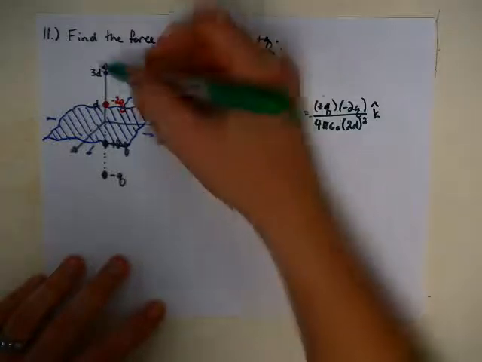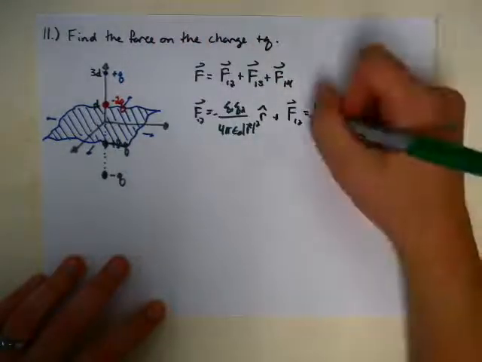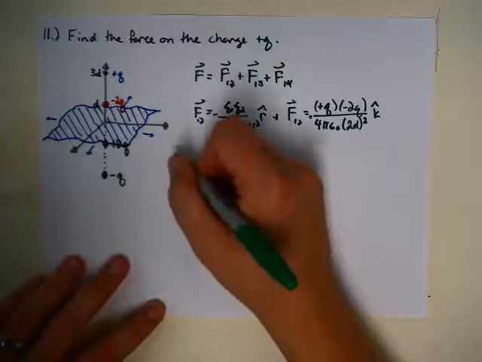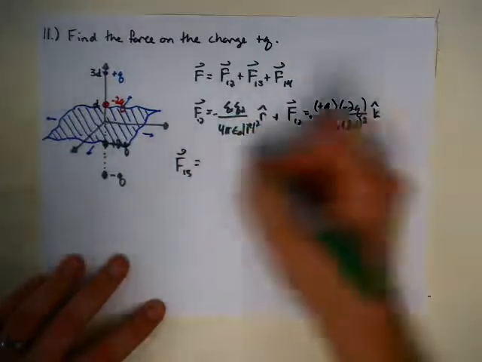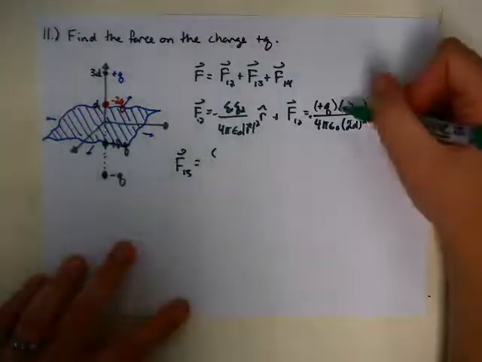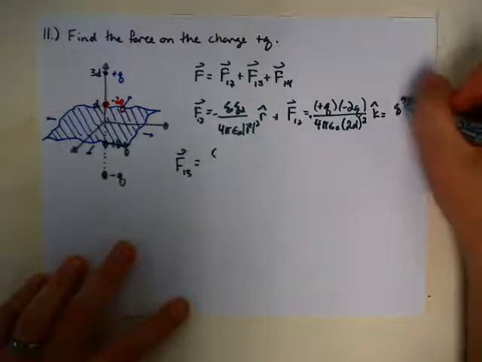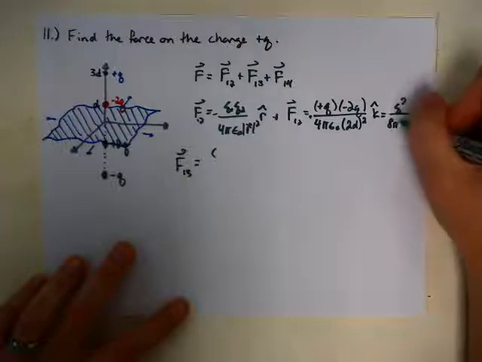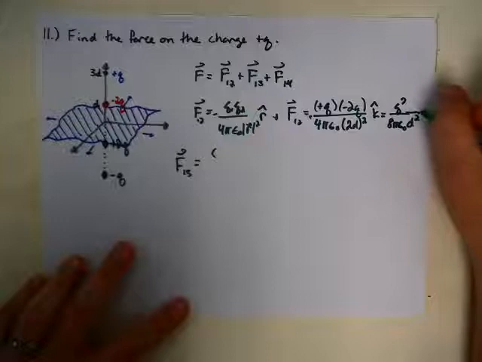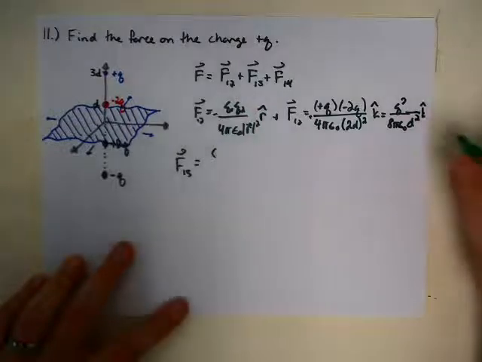If I simplify this, we have Q squared over 8 pi epsilon naught d squared, k hat.